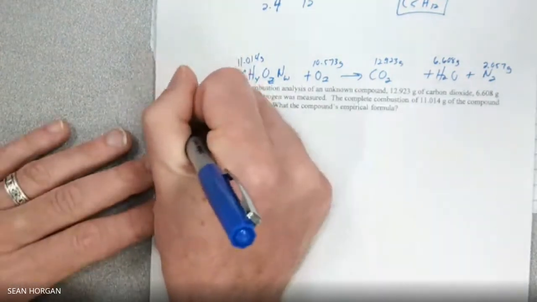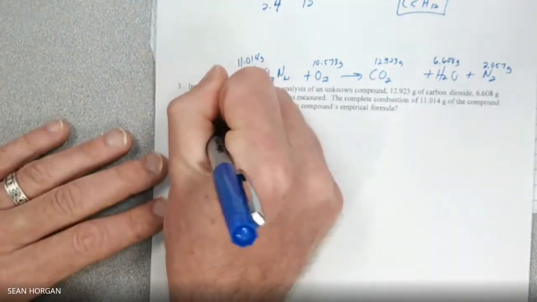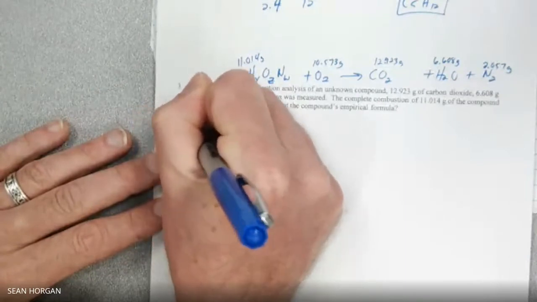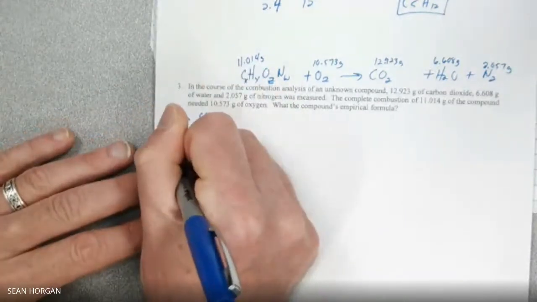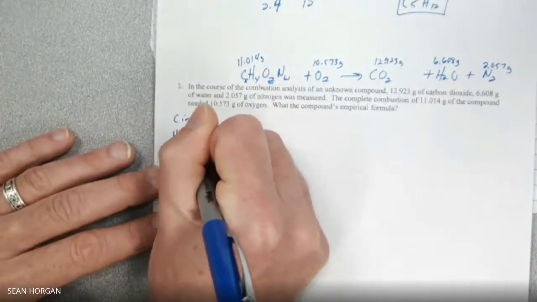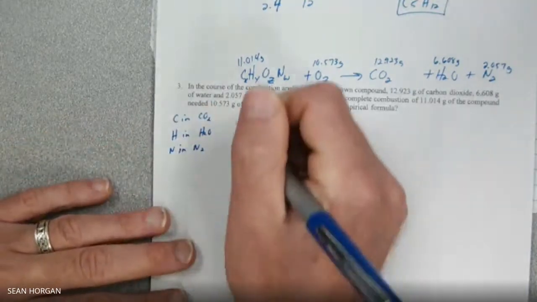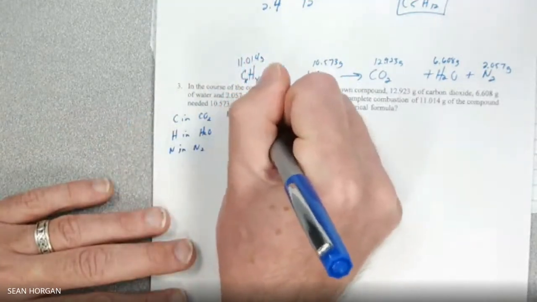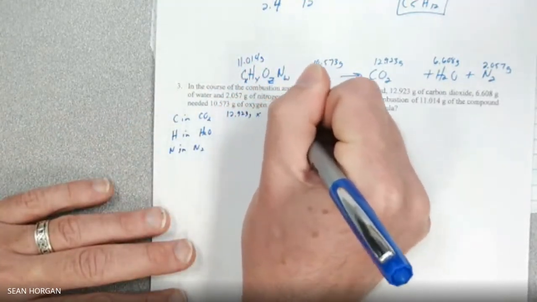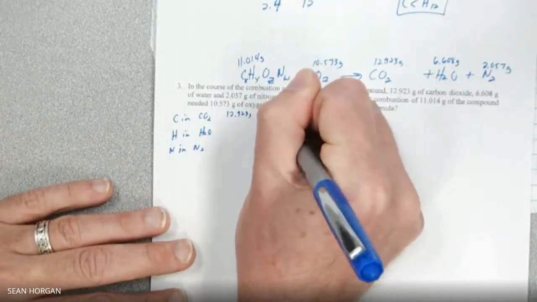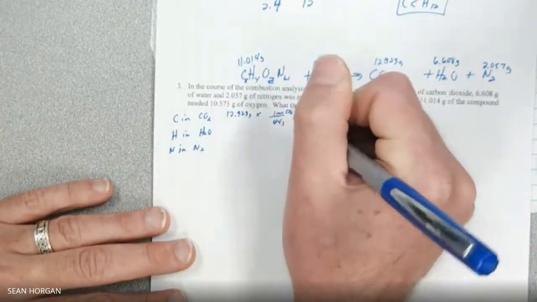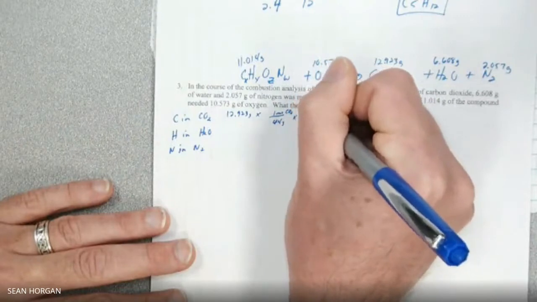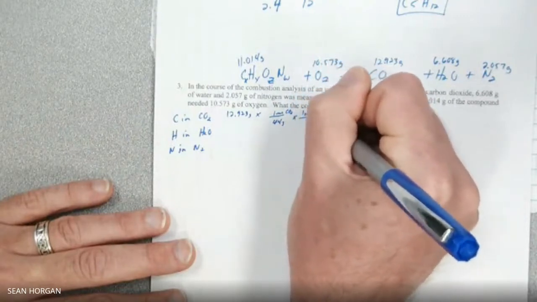We will do C in CO2, H in H2O, N in N2. It seems like that one should be a little bit easier. And we'll do the exact same thing each time. 12.923 grams times 1 mole CO2 per 44 grams, times 1 mole of carbon for every 1 mole of CO2.